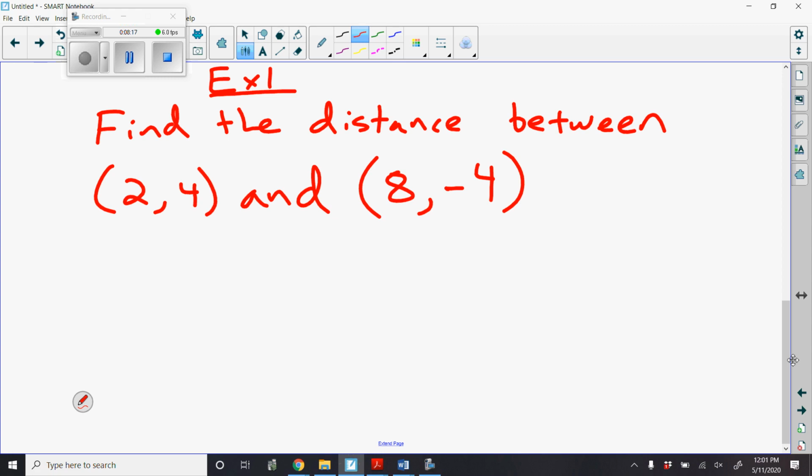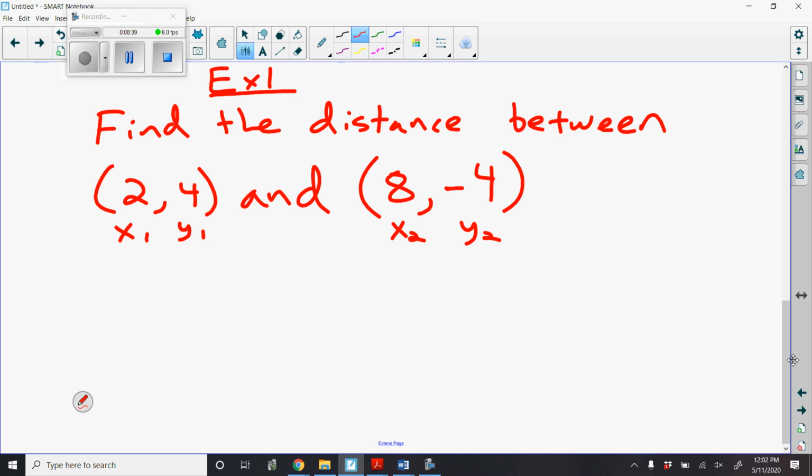Okay, so again, what I want to do here is I have these points. I'm going to go ahead and right now label them x1, y1, and x2, y2. It doesn't matter which one you call x1, y1, and which one you call x2, y2. I usually make the first one x1, y1, and the second point x2, y2.